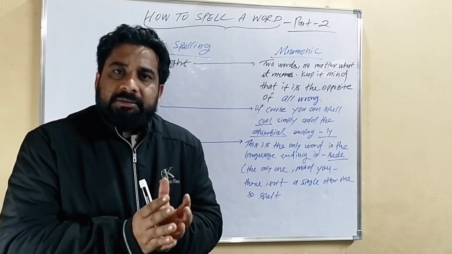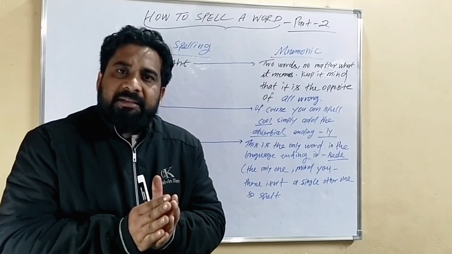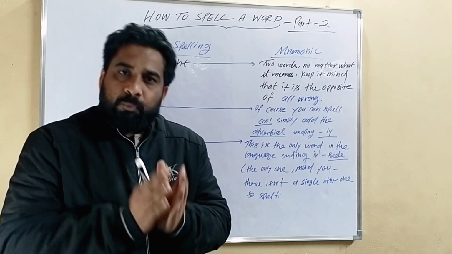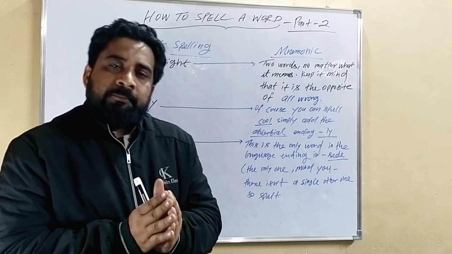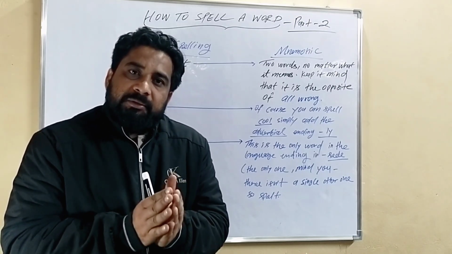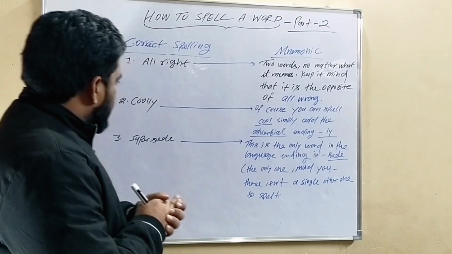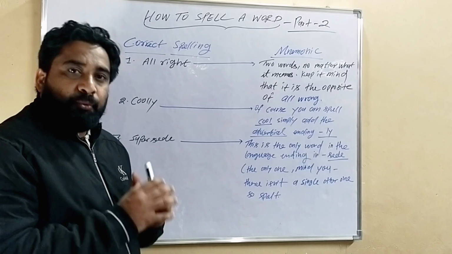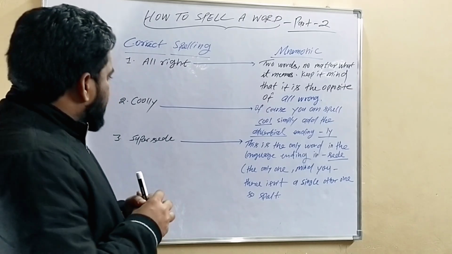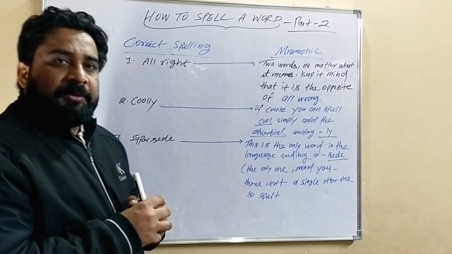That is the basic trick to remind or recall the words. Whenever you have to write the word all right, you also have to recall the word all wrong. Second word is coolly. What is the meaning of it?